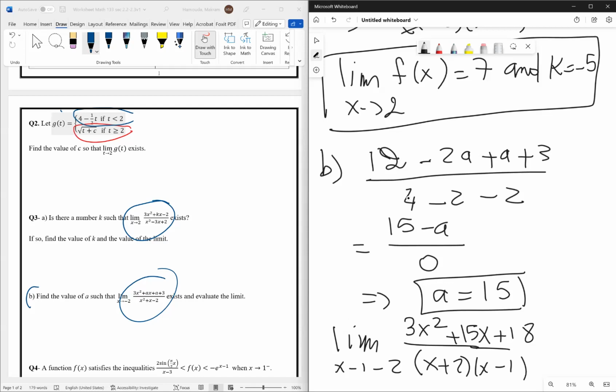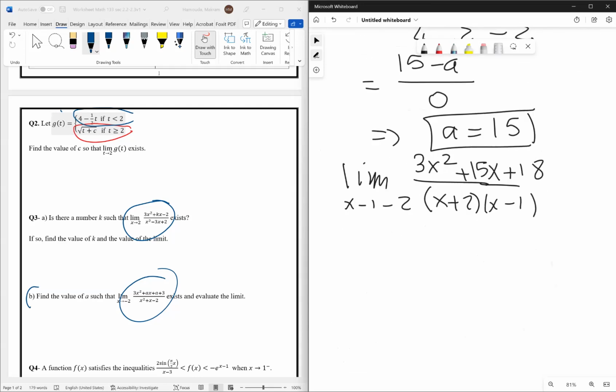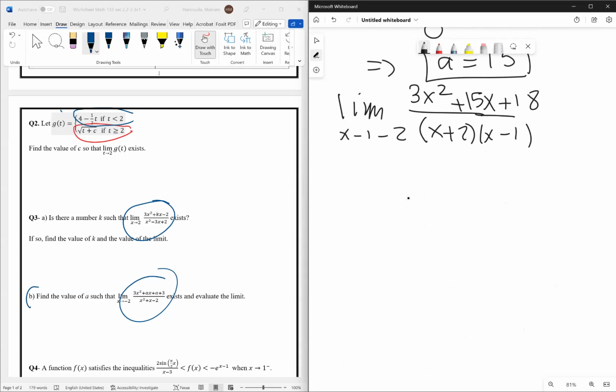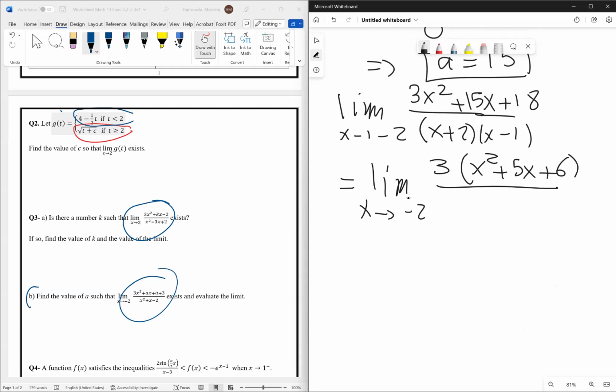So I will factor this by 3 to make it simpler. So 3 times (x squared plus 5x plus 6). And clearly now it will become easy to factor. So you see that (x plus 2) and (x plus 3).